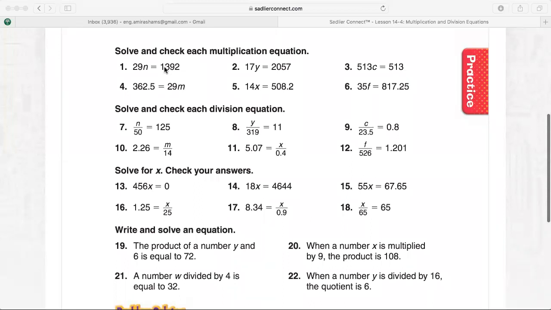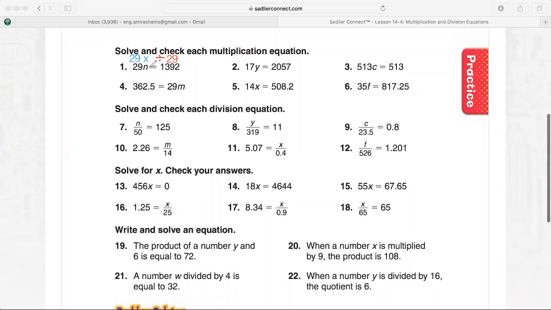So what is the operation that I find here? The operation is multiply by 29. What is the inverse that I will get? The inverse is divide by 29. I write the inverse here in red so you will know.